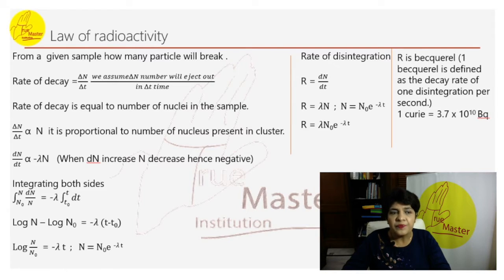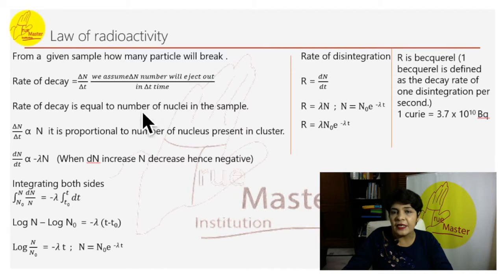That means from a given sample, how many particles will break? Delta N is the number that will eject out in a time delta T.